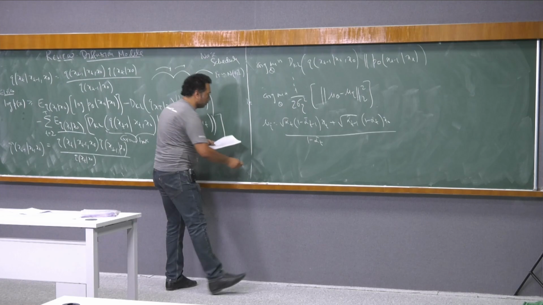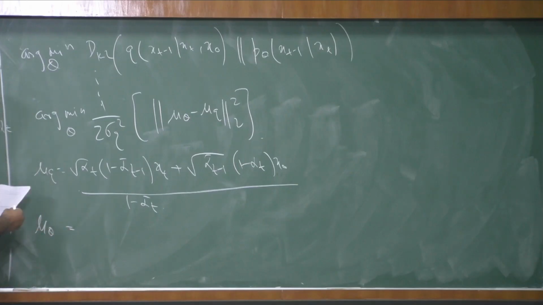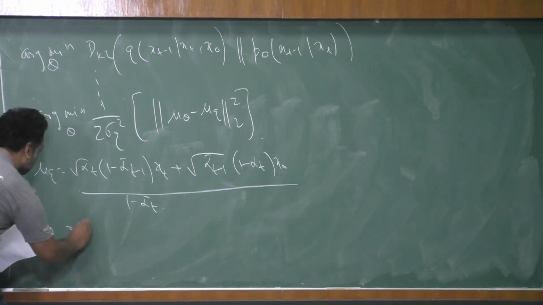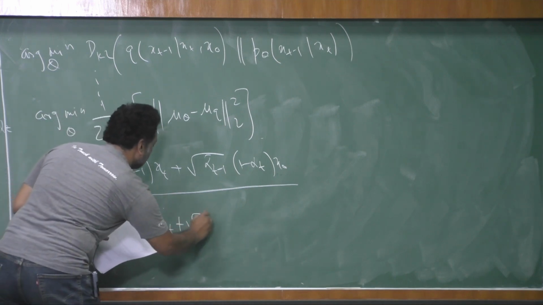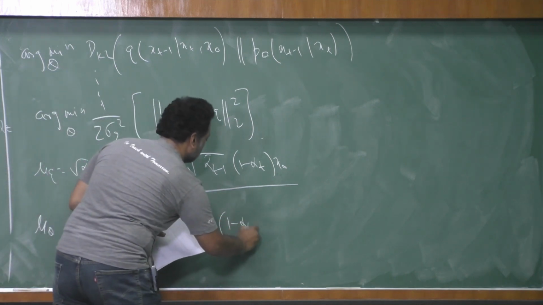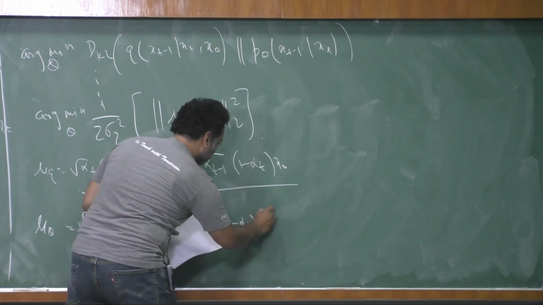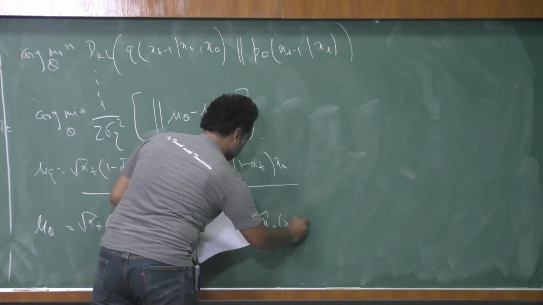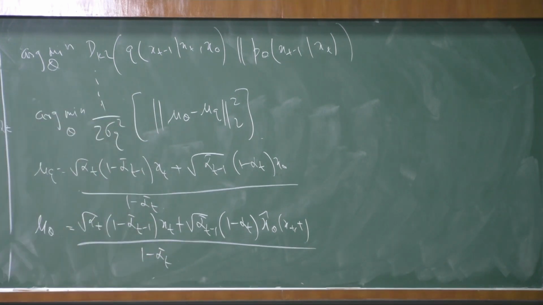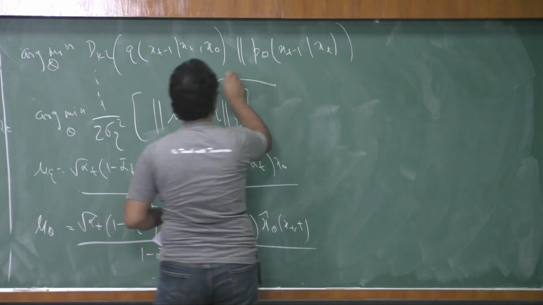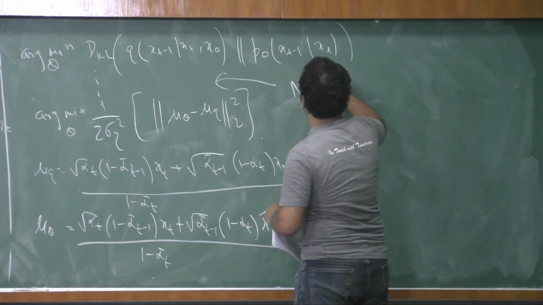So mu theta is defined as everything the same, just the last one, x naught, will now be a prediction problem. It will be the square root of alpha t times 1 minus alpha bar t minus 1 times xt, plus alpha bar t minus 1 times 1 minus alpha t times x theta hat of xt and t, divided by 1 minus alpha bar t. And in the derivation that we did here, we assumed that the variances are the same.